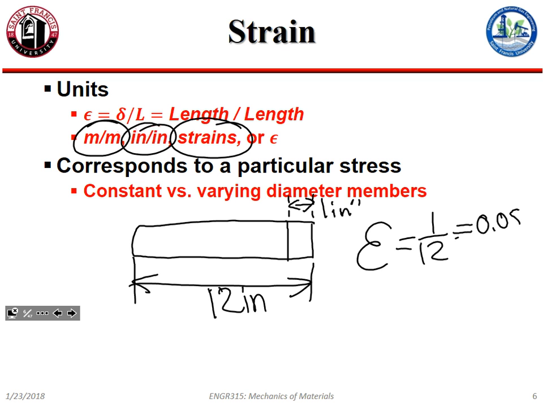I think it's 0.083 or something like that. So it's 0.083 strains, you might say, which is a whole lot of deformation. Or I could also say that this is 83,000 microstrains. You see how I got there? That'd just be another way of saying that. The units are kind of weird, so I just wanted to go over them quick. All right, so that's strain in a nutshell.